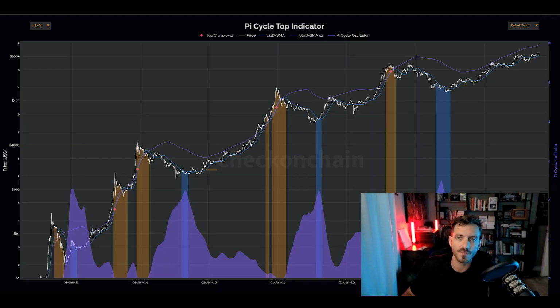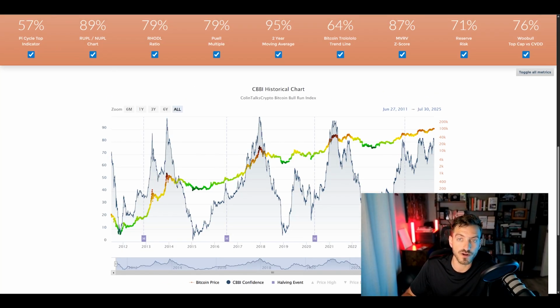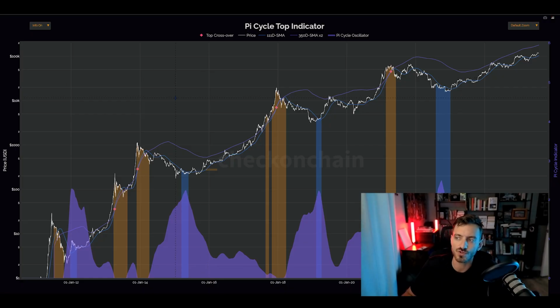All right, let's talk about the Pi Cycle Top, which is part of CBBI, but I like to look at it as a separate metric by itself because it's very, very simple. It's two moving averages. It's the 111-day simple moving average and the 350-day simple moving average multiplied by 2. That's it. There's an oscillator here on the bottom.